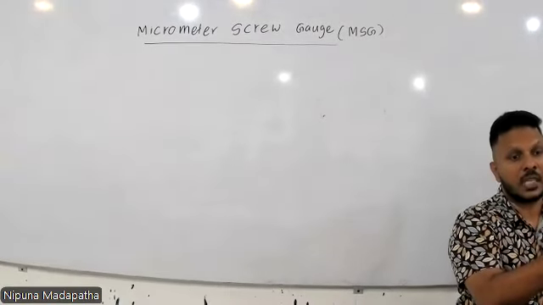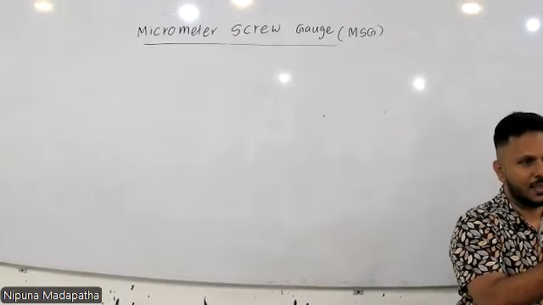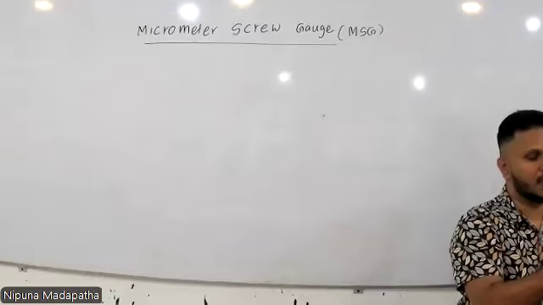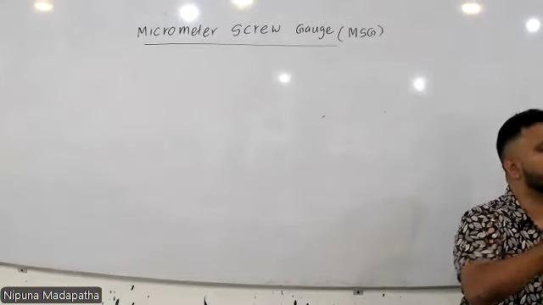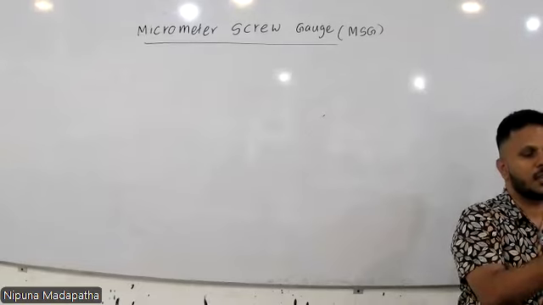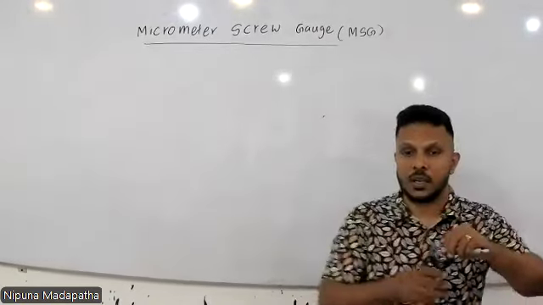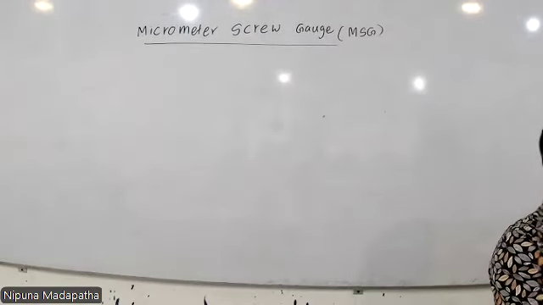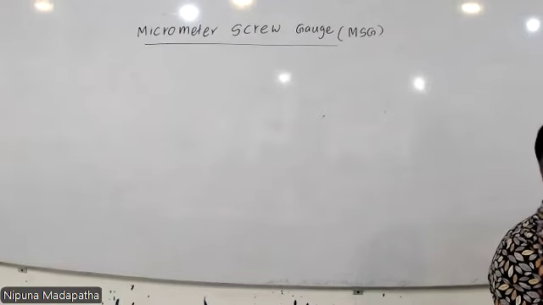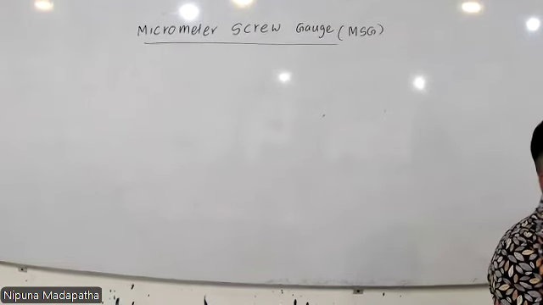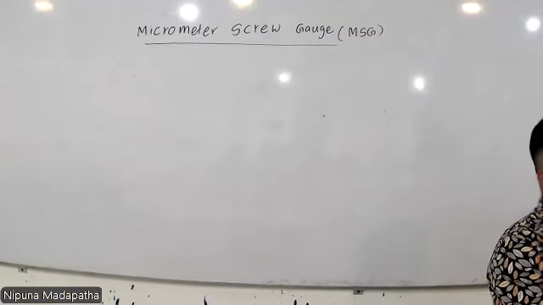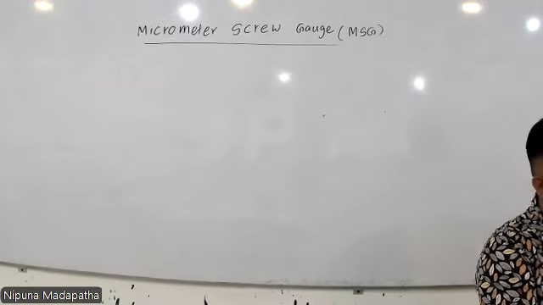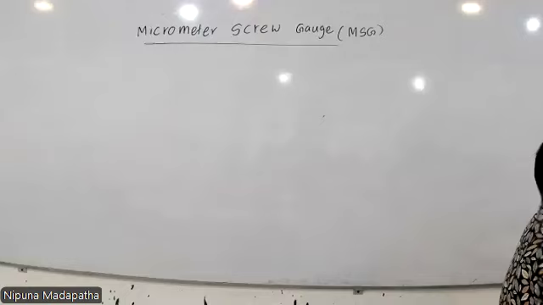This is the spindle, much like the body of a screw. So where is the screw? This cylindrical barrel-shaped part here is known as the sleeve. The linear scale is calibrated on this sleeve.